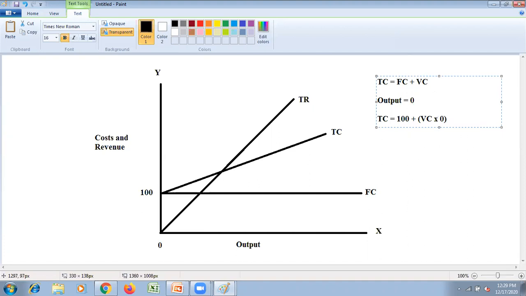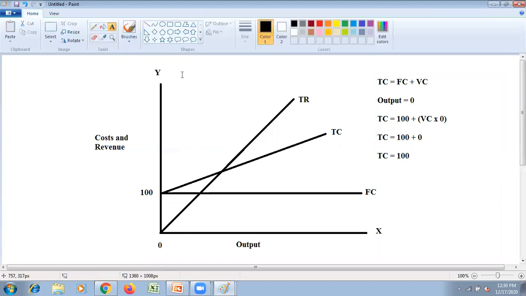Output is zero, so obviously variable cost will be zero. Total cost will be 100 plus zero. That's why when output is zero, total cost is always equal to fixed cost, because variable cost is zero. So total cost always starts from the point where fixed cost is, and total cost is never zero at zero level of output because of fixed cost.